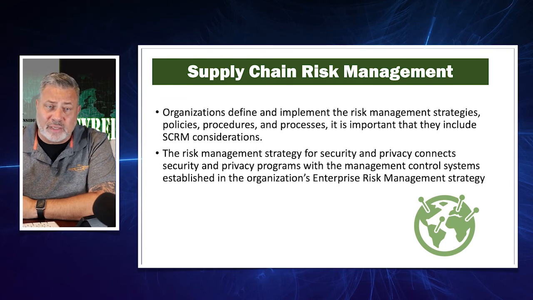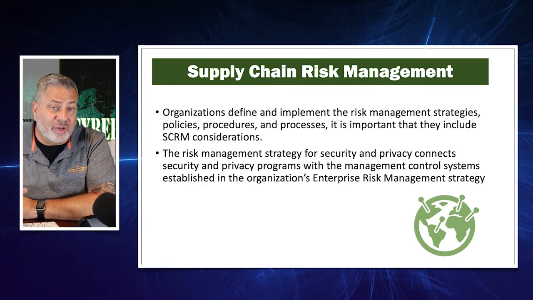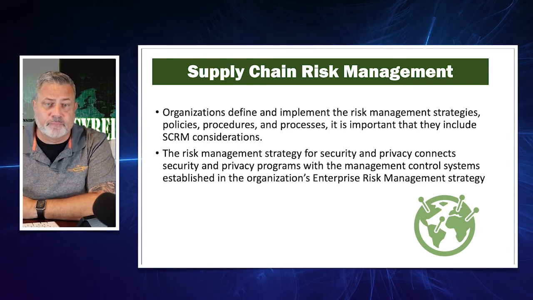And in this case, we're linking those lower level systems to the enterprise level risk management strategy. So every system, every privacy program, every security program should directly link to the enterprise risk management strategy when we're talking about risk management. So now we have linkage from Tier 1 through Tier 2 and down to Tier 3.